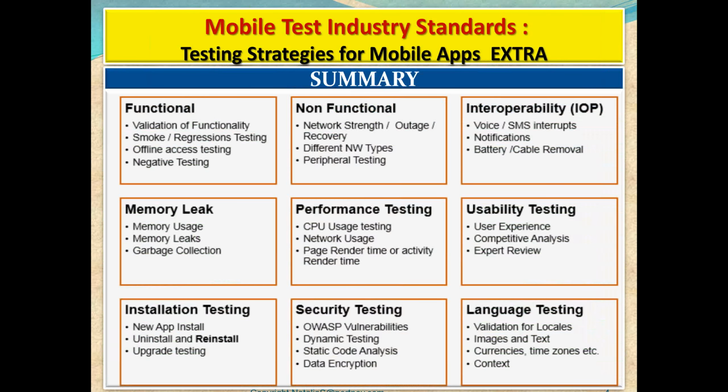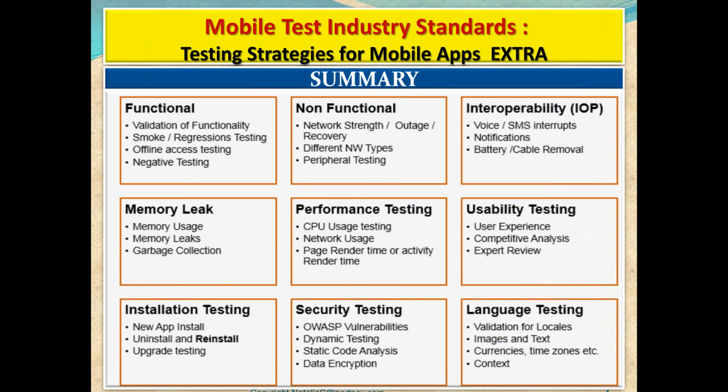All right, so this is a summary of the tests the industry is using. As you can see, every one of them has a drop-down menu for your convenience, just in case you need it. You see the functional and non-functional tests and what's included, like interoperability, usability, and language, which is basically localization.